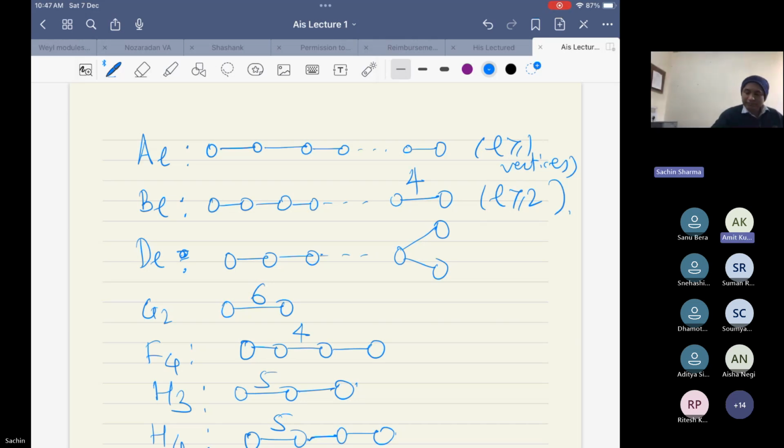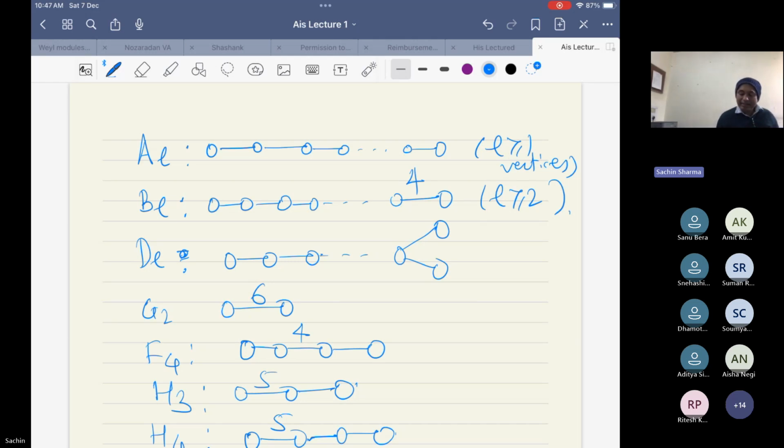Anybody from the audience? Because we are not specifying which is the long root or short root. Very nice actually, because we have normalized the norm, I mean, we have taken these things.